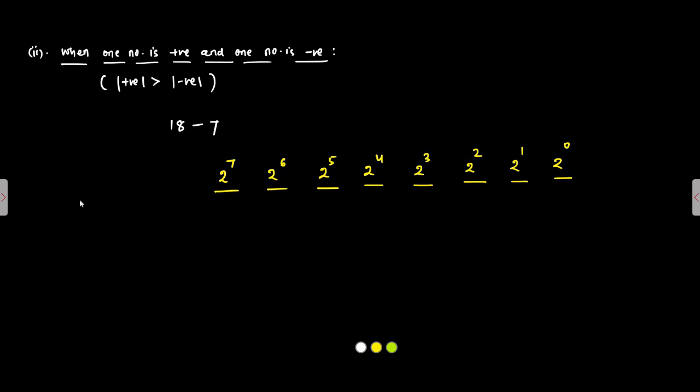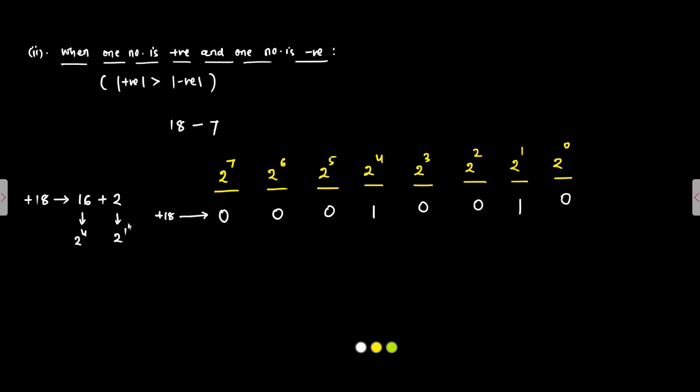Now first is plus 18, splitting it into powers of 2: 16 plus 2, 2 to the power 4, 2 to the power 1. At the respective bit positions there will be 1 bits, remaining will be 0. Okay, this is plus 18.